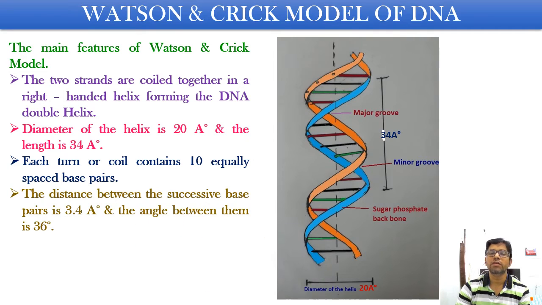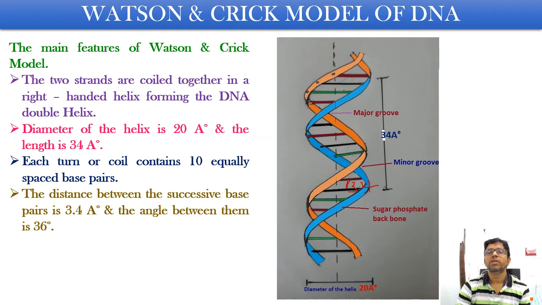Here you can see in the picture the space from here to here is 3.4 angstroms. The gap between two successive nitrogen base pair steps is 3.4 angstroms.